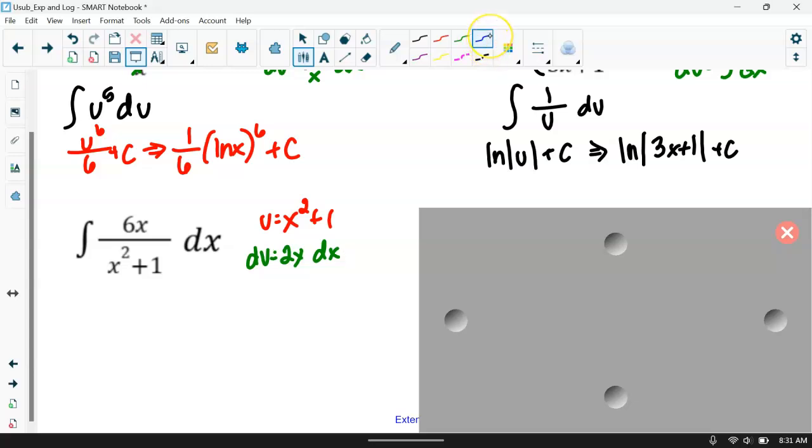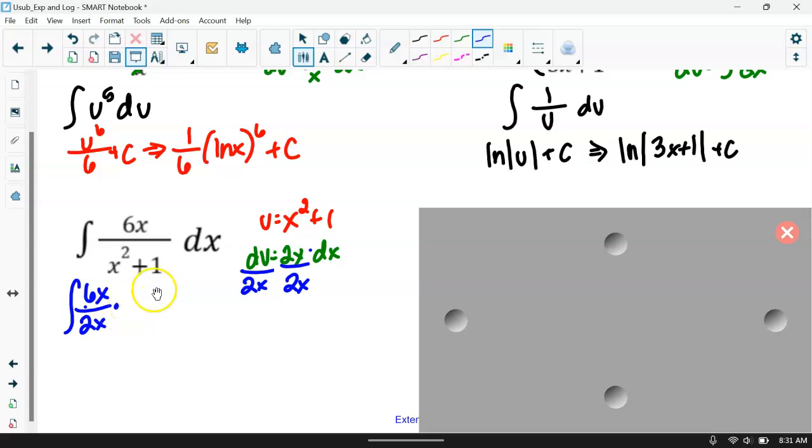Now, I'll still go through and do what a lot of people do, which is go ahead and solve for dx. Divide by 2x. So notice this 6x here, we are taking 6x and dividing by 2x.